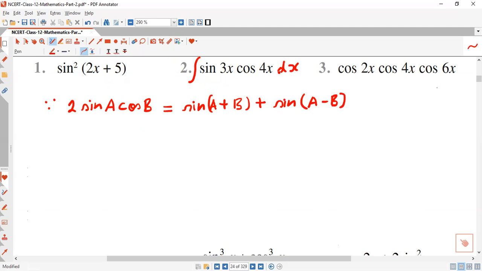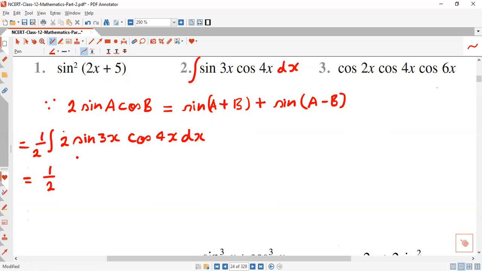Apply this formula here. We need the 1 by 2, so first we write 1 by 2 into 2 times sine 3x cos 4x dx.